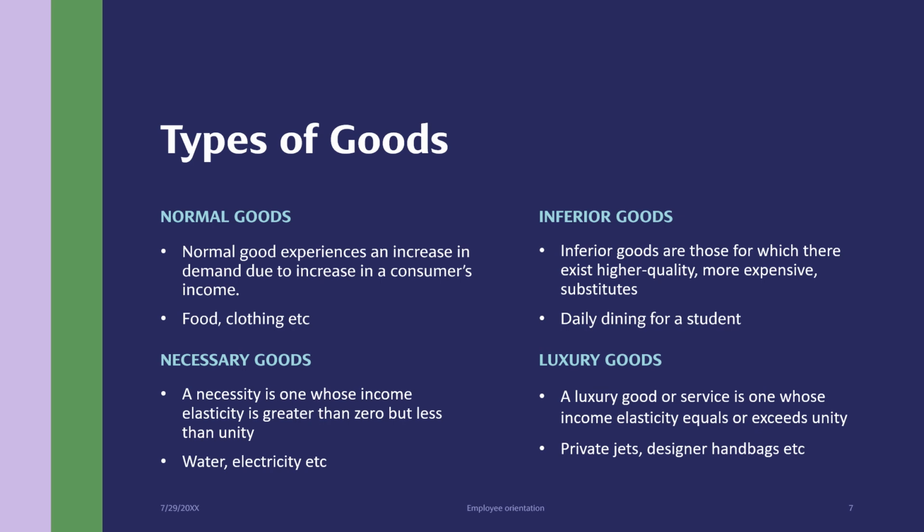So necessity is one whose income elasticity is greater than zero but less than unity. Water and electricity are necessary for us, we cannot survive without them. Last, luxury goods. A luxury good or service is one whose income elasticity equals or exceeds unity. Private jets, designer handbags, only particular income levels can get these goods, so they come under luxury goods.